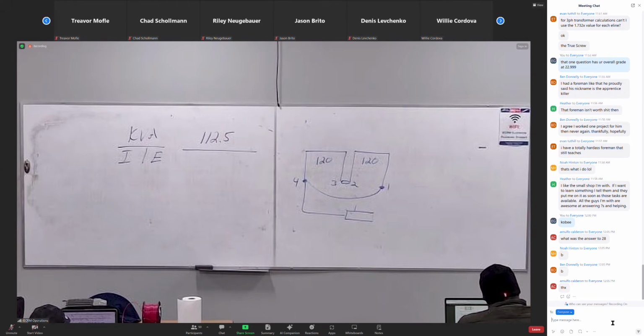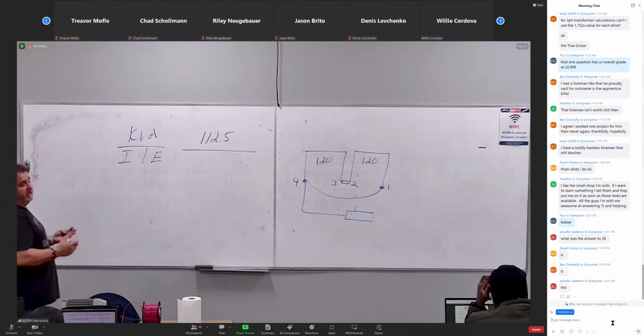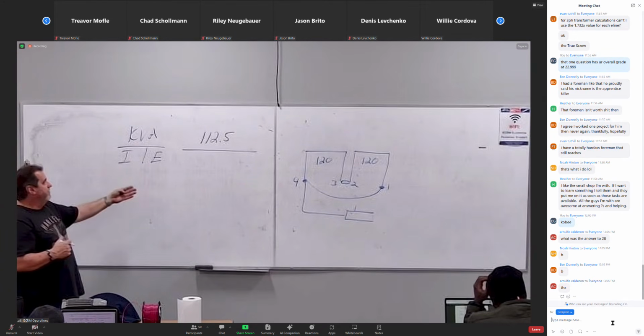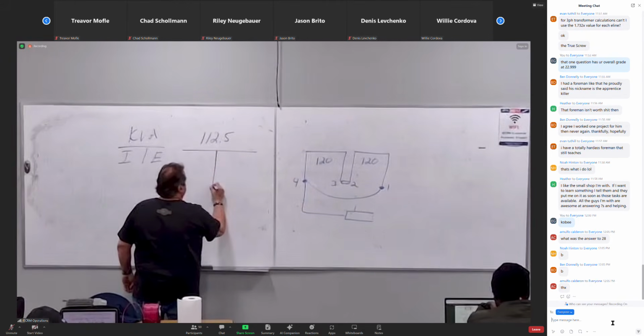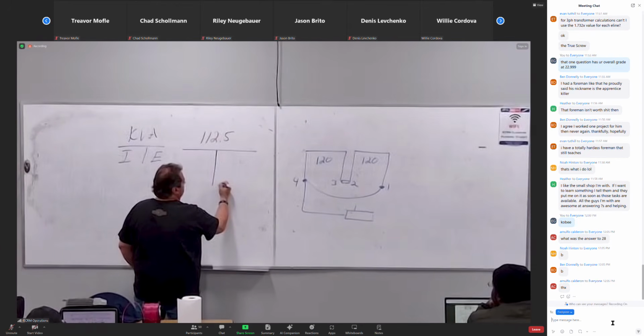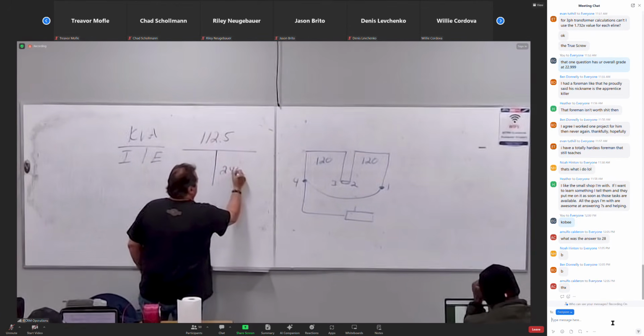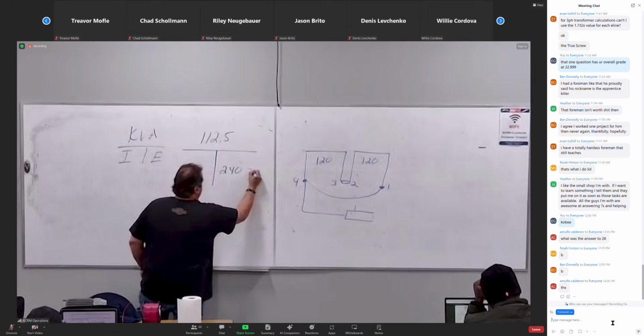Then it said, without overloading the maximum available secondary line current. What is my secondary line current? Or excuse me, my secondary voltage? Because they're asking for secondary. So if I know the kVA, power in equals power out, I need to know secondary voltage, correct? What's my secondary voltage? 240. Make sure you pay attention to that.